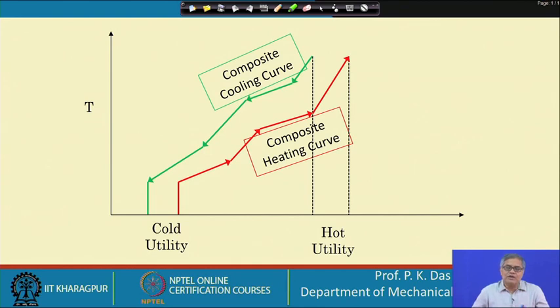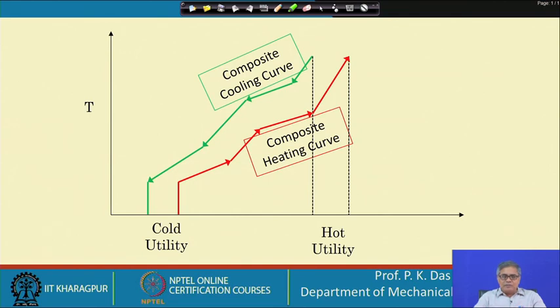Again, when the cold stream will not be able to extract the heat, I will have some sort of cold utility. More of it will be clear as we proceed further. So, out of this what we have to remember, please note these points.